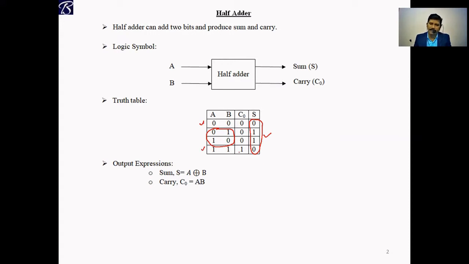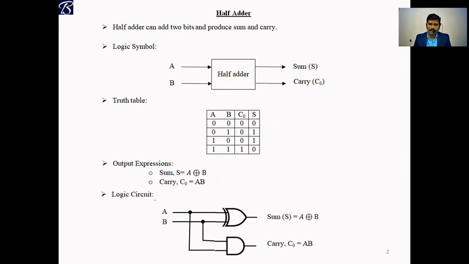So this is an XOR gate, and we can write S equal to A XOR B. And if you observe carry, the output is 1 only for one case, so A into B, the minterm. So we can write C naught equal to AB. These two are the output expressions for the half adder.